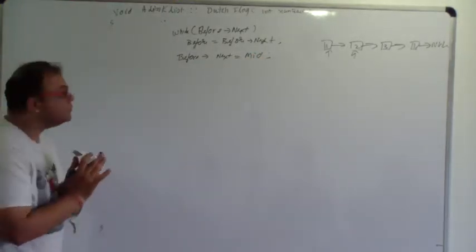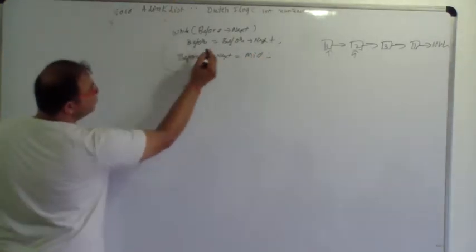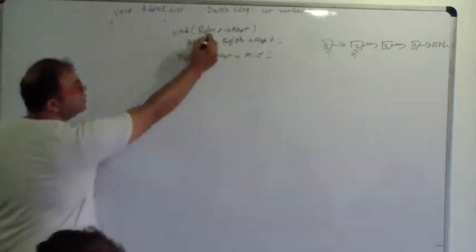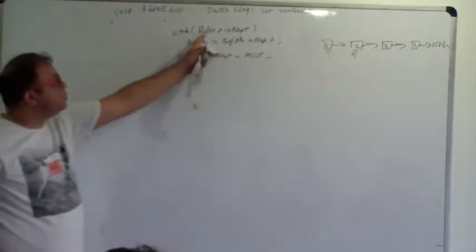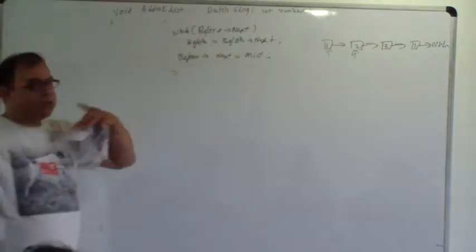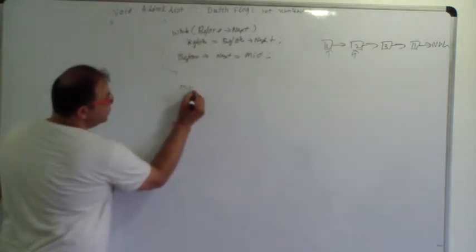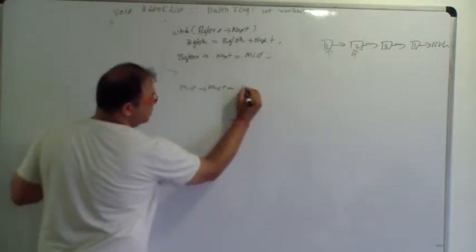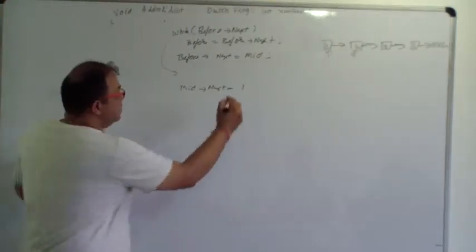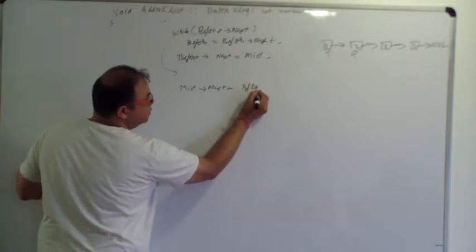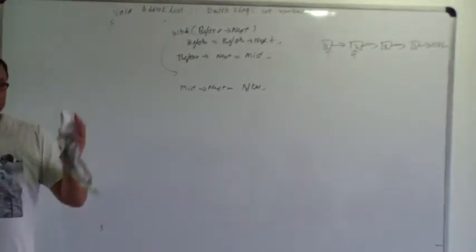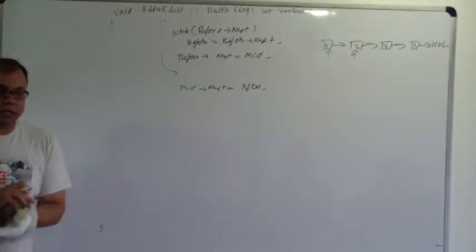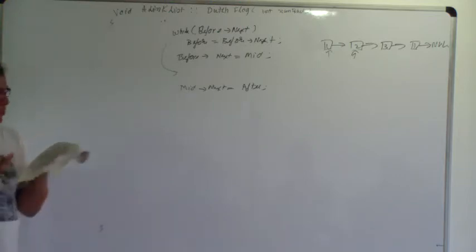Then you have to do this same thing for the middle. You will increase the middle, and then you will do mid arrow next is equal to after, and after will be there, right? Yes. Acceptable solution? Yes. Okay.